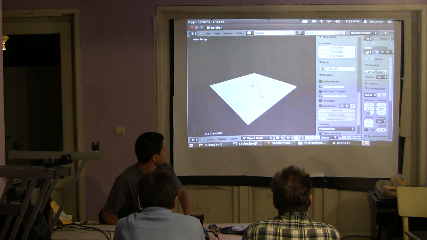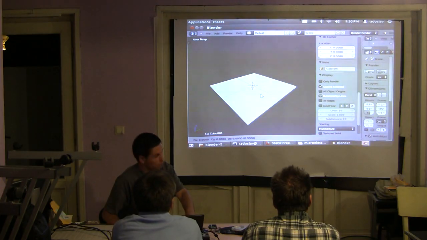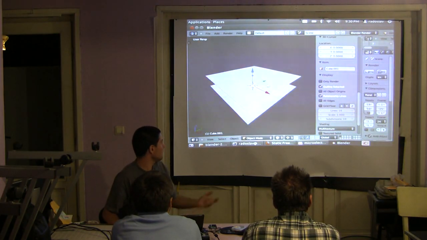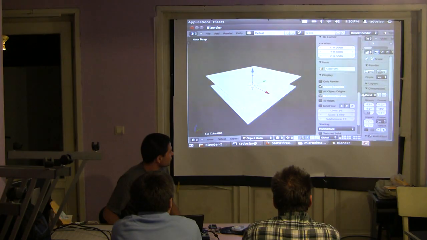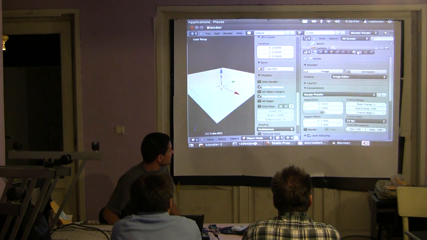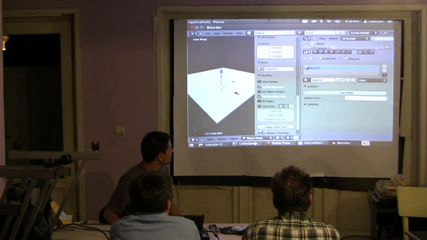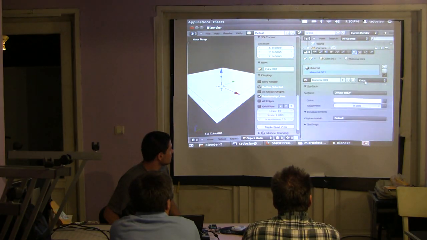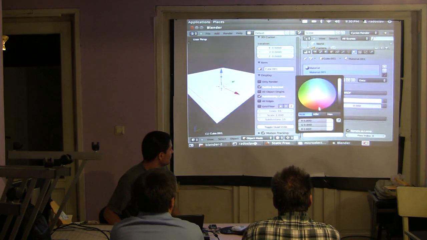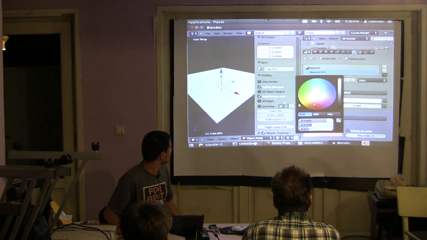So we can make another metal layer on top of it. We can also change the color of this, but I need to change here the cycles, diffusion color, settings, viewpoint.